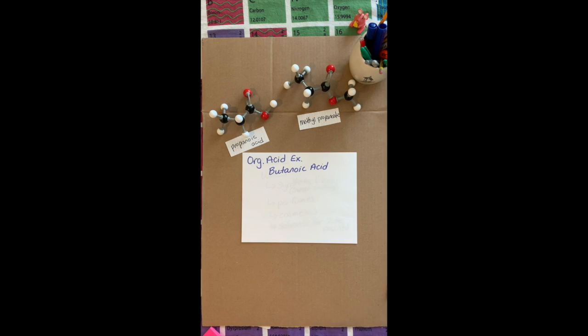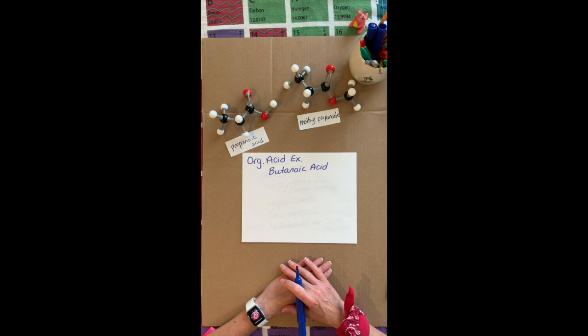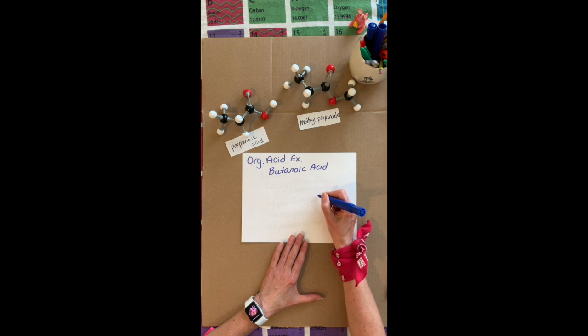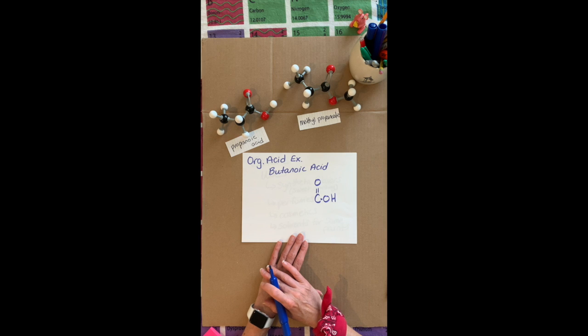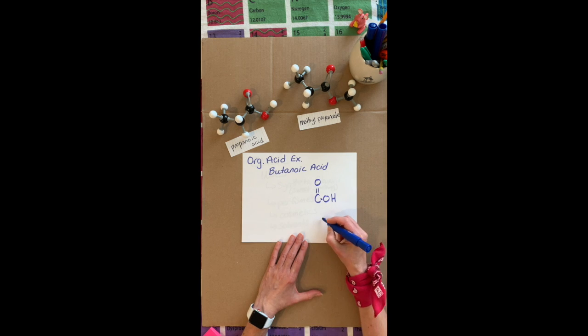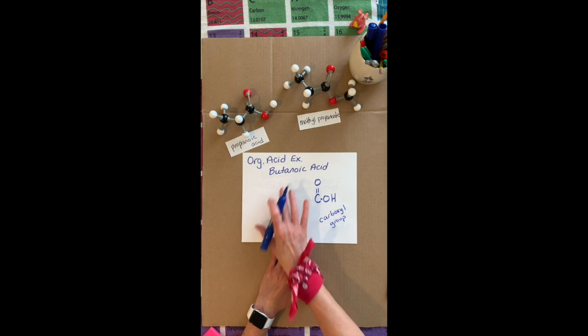All right, let's look at another example. This would be butanoic acid. Well, we know by looking at Table R, the ultimate cheat sheet, that we have this functional group, the carboxyl group. We have butanoic acid.